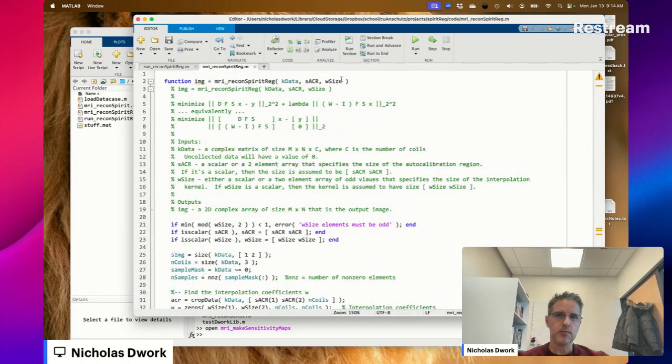Now, it's very common for people to have their own ways to create sensitivity maps or to already have them created. So we're going to let people optionally pass in sensitivity maps.